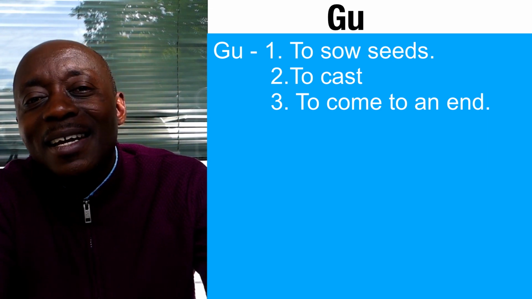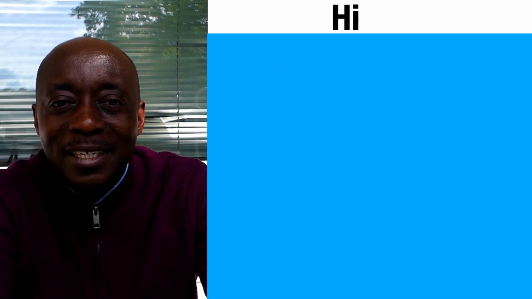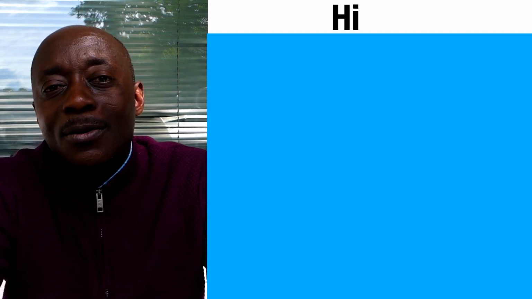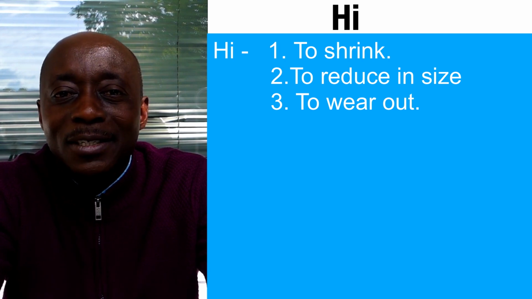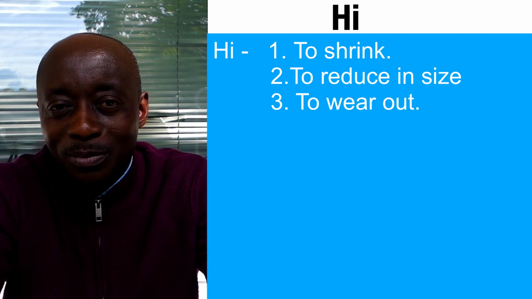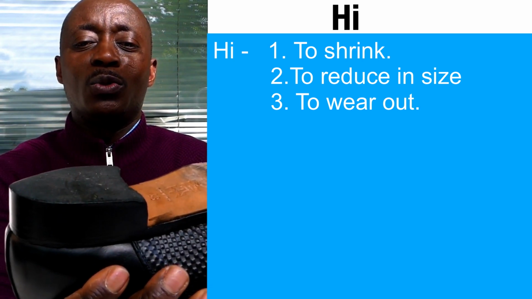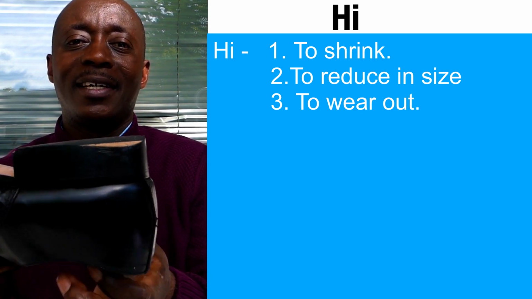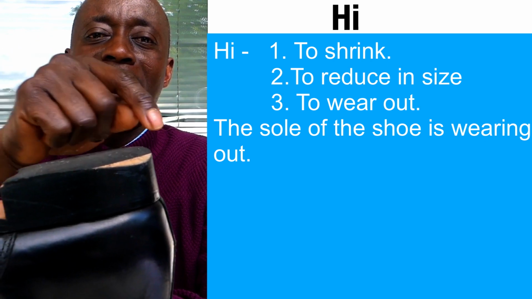Good. Let's go to the second vocabulary, and that is he. He in Twi could mean to shrink or to reduce in size or to wear out. For instance, look at the sole of this particular shoe. What do you see? It is wearing out. The sole is wearing out.